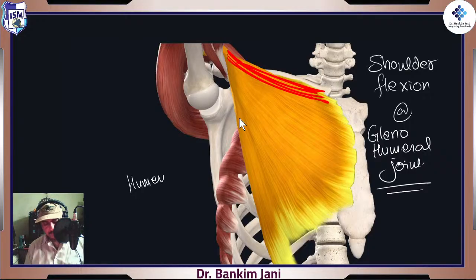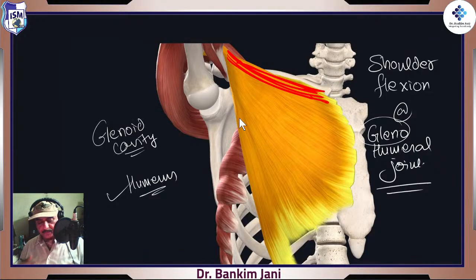Humerus, that's our bone. What is this gleno? Gleno came from the word glenoid cavity, a cavity which is shallow. There is only one bone which can have this cavity, and that is our scapula, and that's what is called the glenoid cavity. So there is a glenoid cavity, and then there is this humerus bone. So that is glenohumeral. When we move our hand like this, this is our glenohumeral joint which is in action.